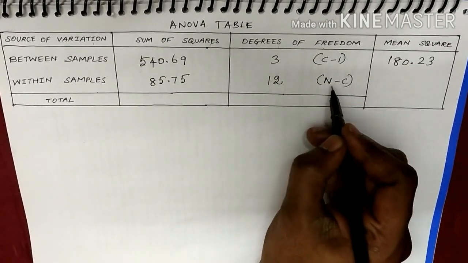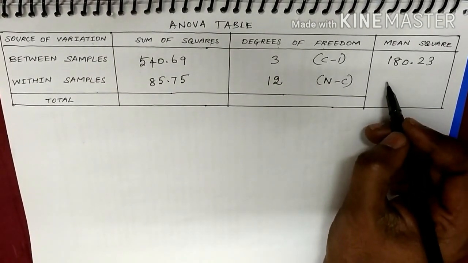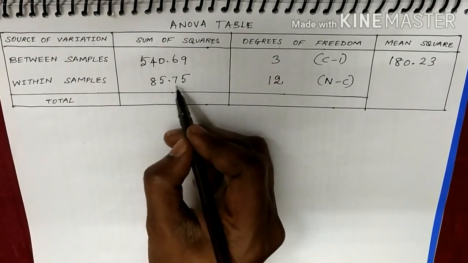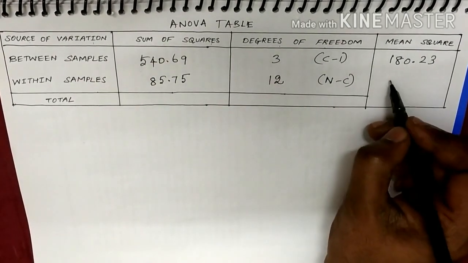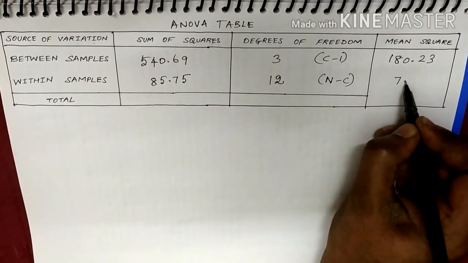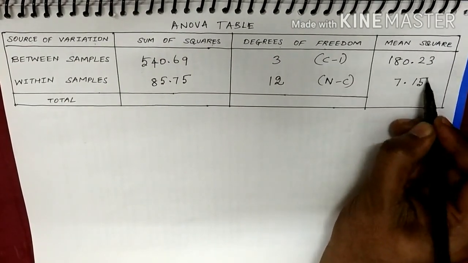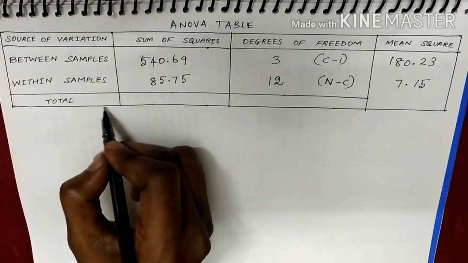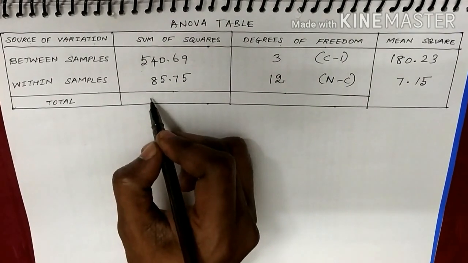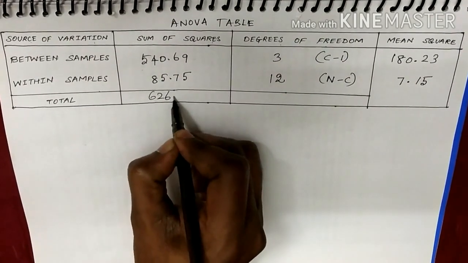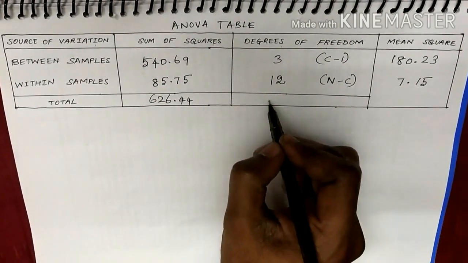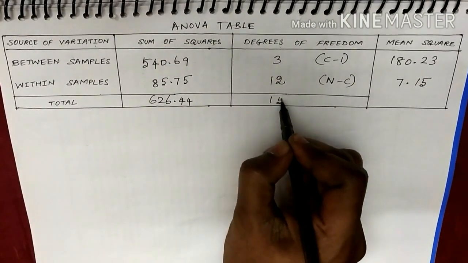Now again mean square, divide this 85.75 by 12. We'll be getting 7.15. So finally total, sum them up, we will be getting 626.44 and here we'll be getting 15.